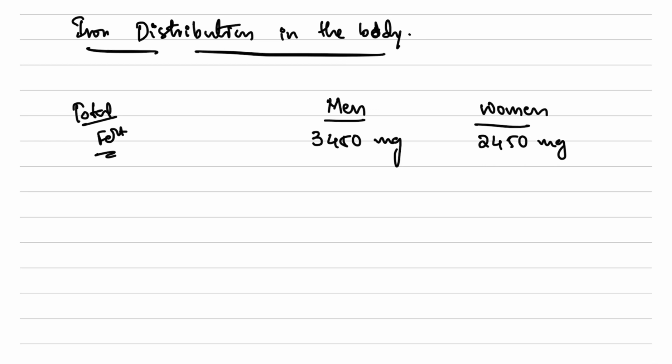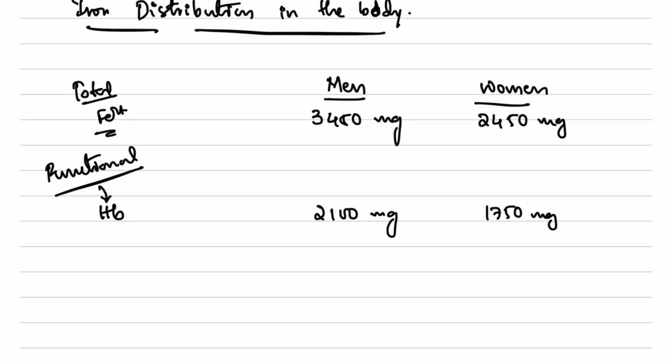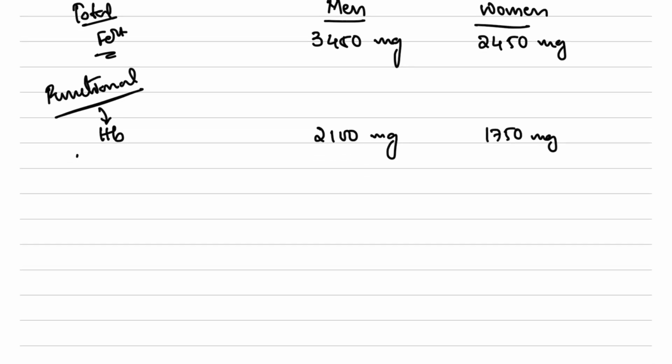Now, this iron can be functional. Functional meaning it has already been incorporated in the body and is acting. How can it be functional? When it is acting through the hemoglobin. So how much is in hemoglobin? In men around 2100 mg of iron is in the form of functional hemoglobin, and in women it is 1750 mg. After hemoglobin, the next functional iron-containing protein is myoglobin.